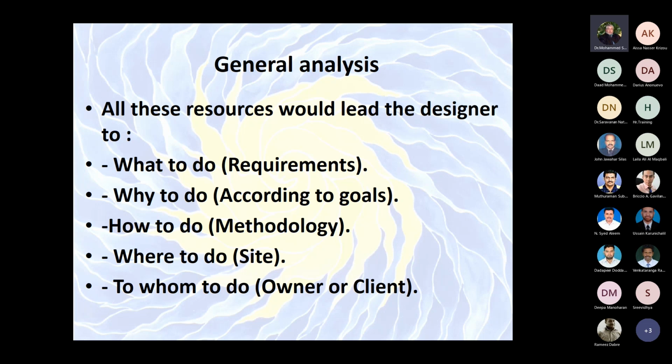Also, where to do, the site. It means we have to analyze the site and see where to do this design. And then to whom to do, the owner or the client. These questions or words are very important for the architect or the student to answer: what to do, why to do, how to do, where to do, to whom to do.